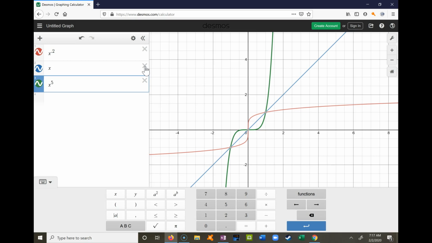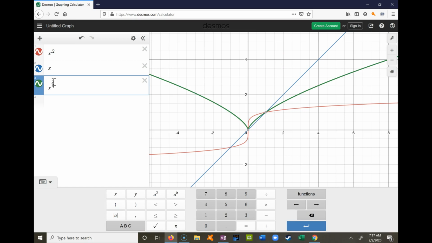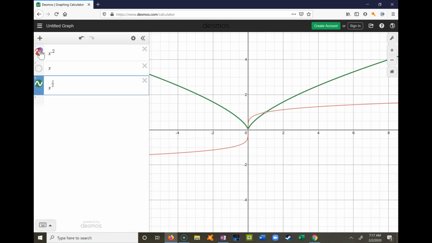All right, so that's graphing. Now we can get real funky if we do something like this. Let's clear those other ones out. So if we have a rational exponent, so that would be a cube root, but also squared. And you can see because of the squared, it never goes positive.